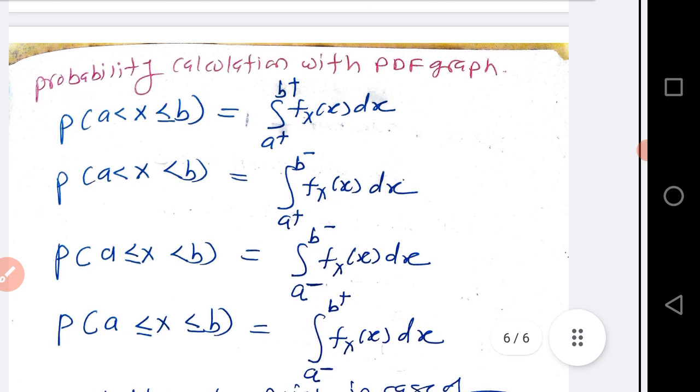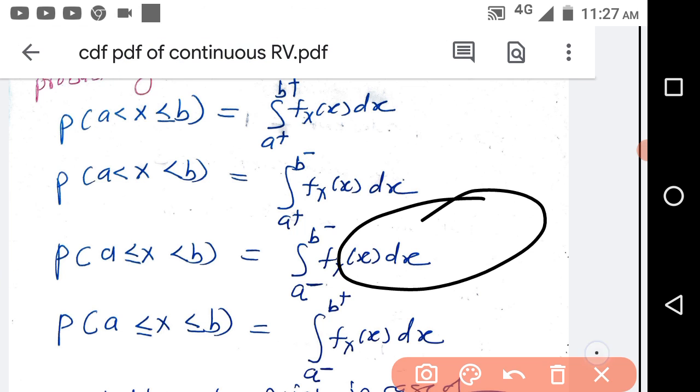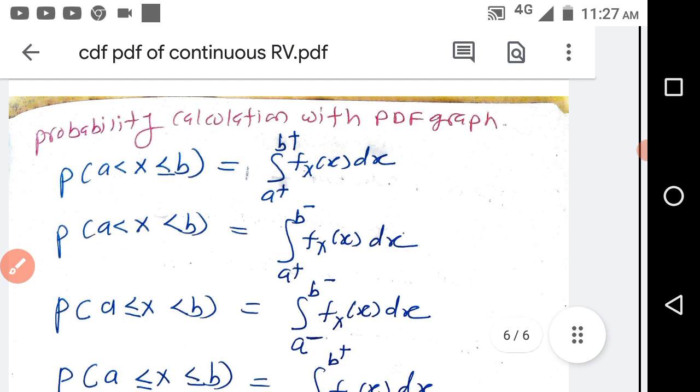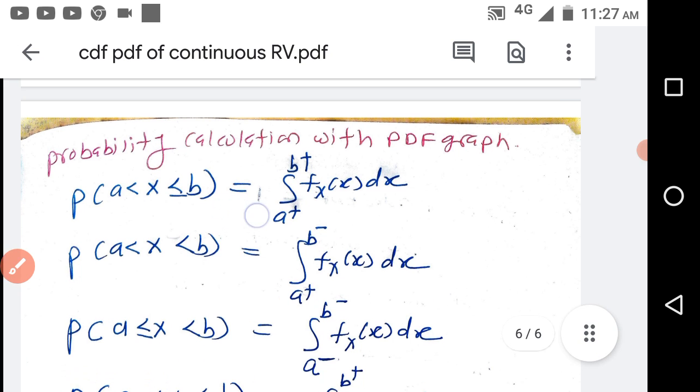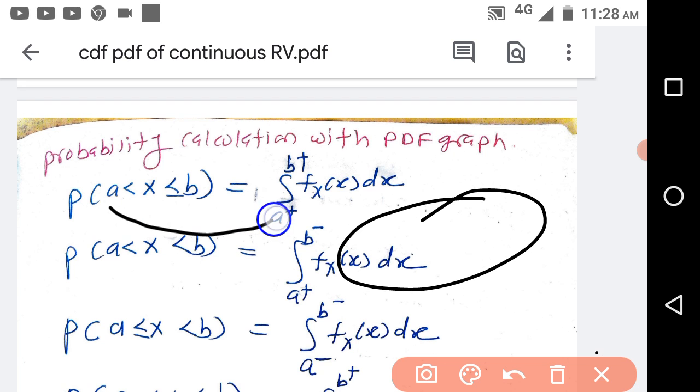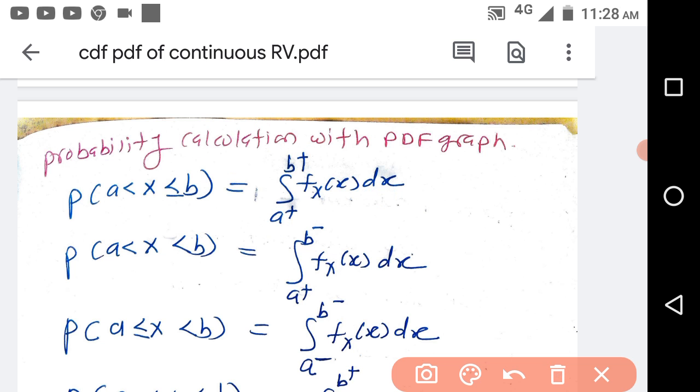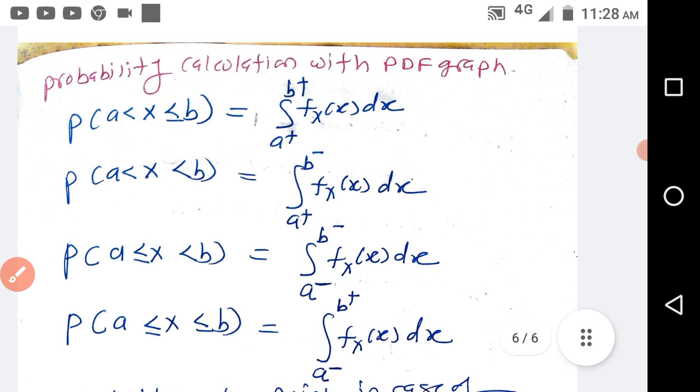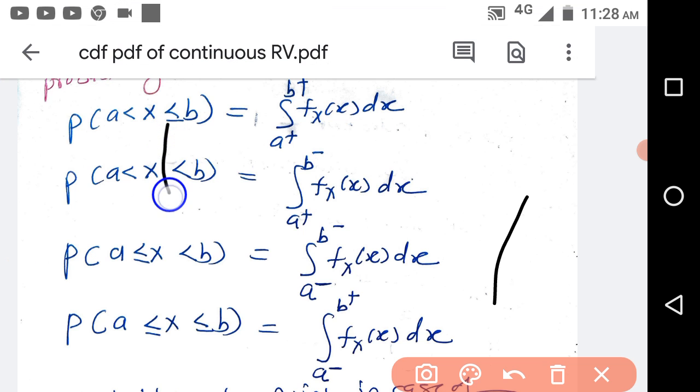How to calculate the probability if you are given the PDF graph? The probability you can find with integration, and the limits are again a plus and b plus, and this is the PDF graph. Just as we have seen in the CDF, if there is equality then a plus, b plus.